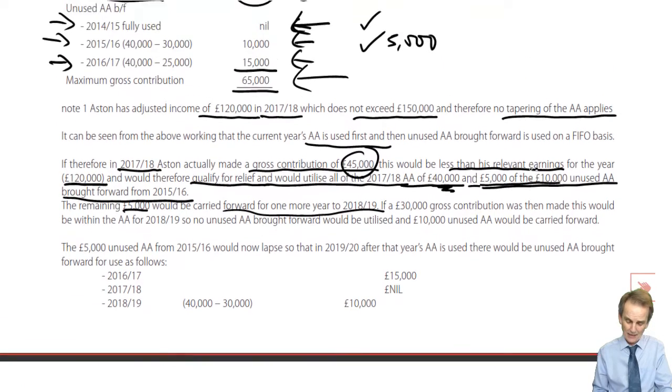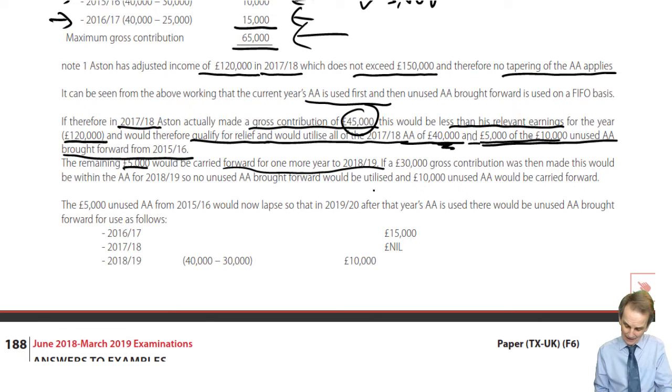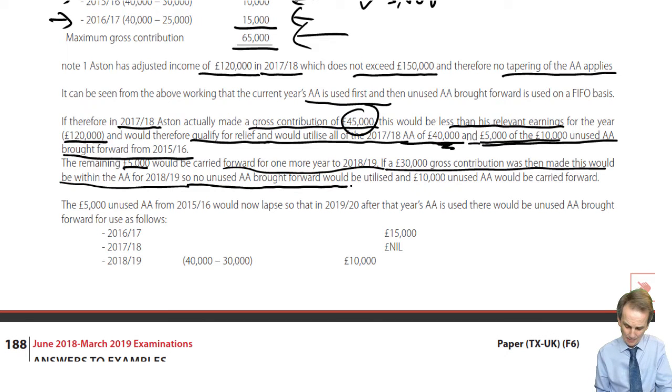So in 2018 and 19, for one more year, if a £30,000 gross contribution was made, then this would be within our annual allowance for 1819. So no unused AA brought forward would be used, and 10,000 unused AA would be carried forward there.